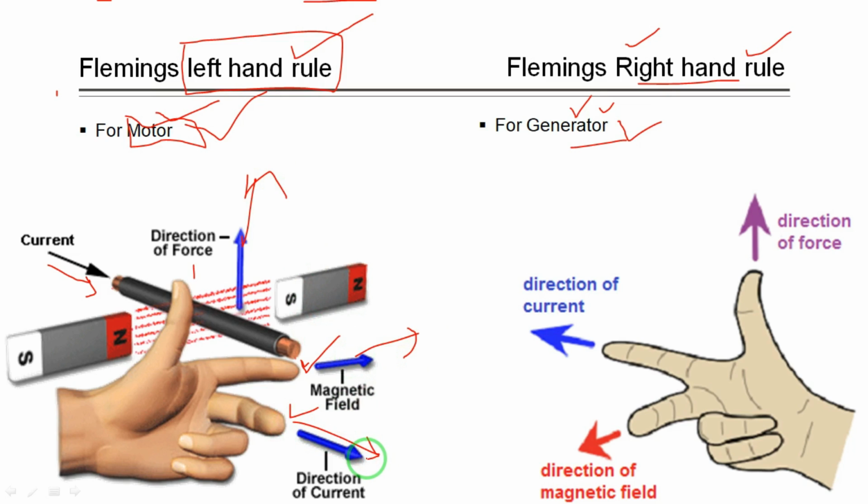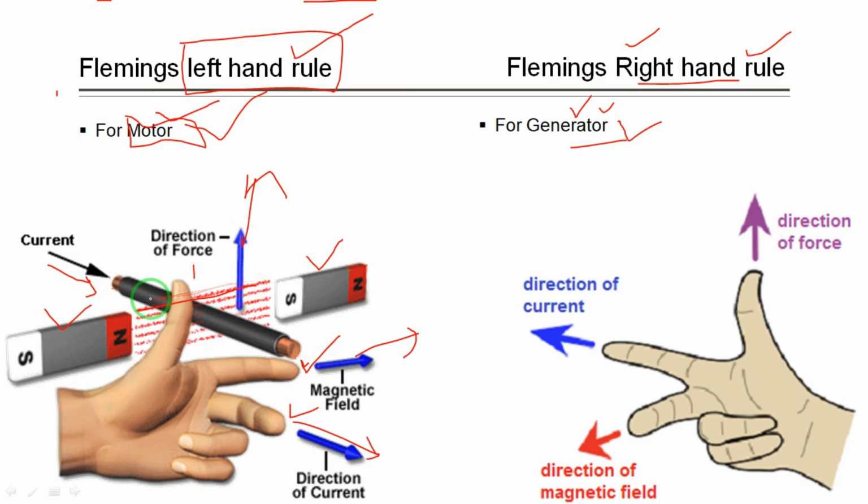In these three directions, if we already know two, then the third will be easily found. The motor has an input of electrical energy, so we know the current direction, indicated by the middle finger. One more important point: there are two poles, and magnetic flux lines pass from north to south pole.